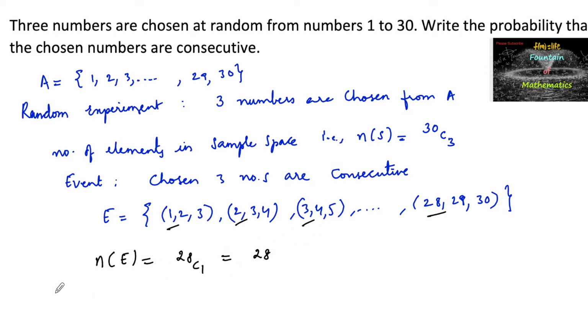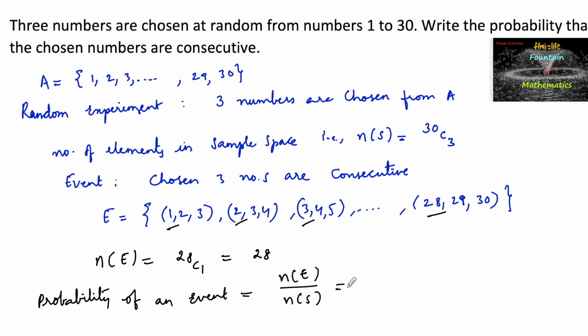So therefore the probability of an event is equal to n of E upon n of S, which is equal to 28 upon 30C3.